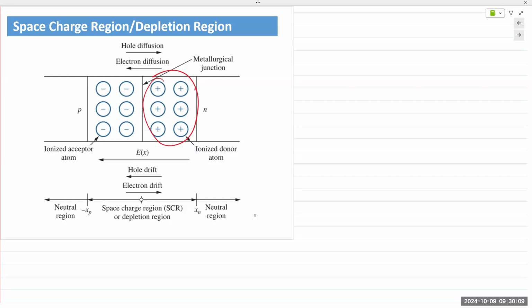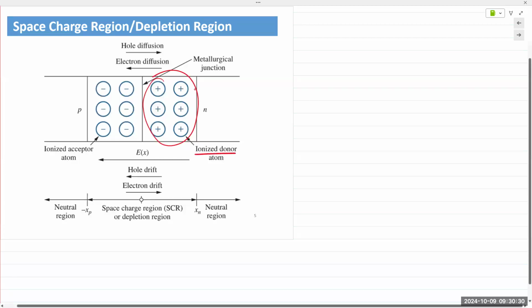But that freedom of movement resulted in the electron moving over to the P-type semiconductor. And when it moves from the N-type to the P-type material, it leaves behind its original ionized atom, which now has an excess of positive charge. And so you have positively charged ionized donor atoms on the N side.